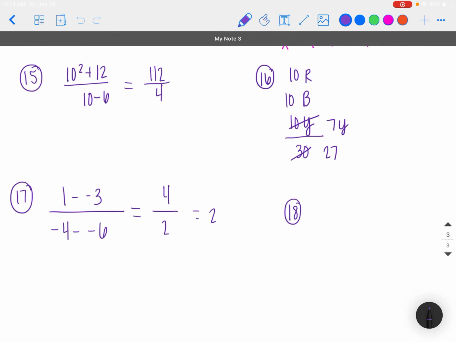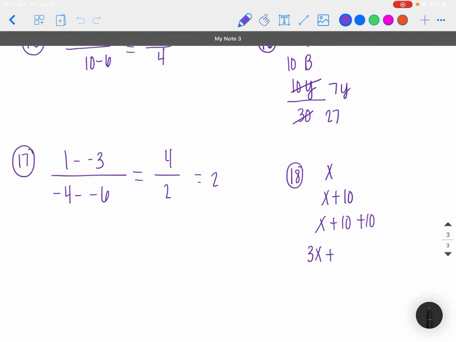18. Okay, so our angles form an arithmetic sequence, which means the first one would be x, the second one would be x plus 10 because it's 10 more than the previous, and then the next one would be x plus 20 because it's 10 more than the previous.